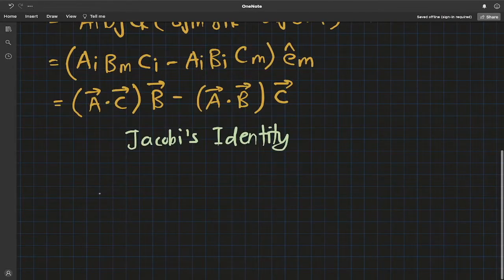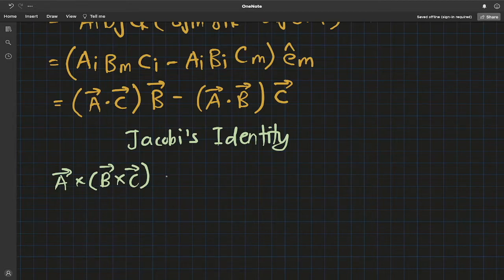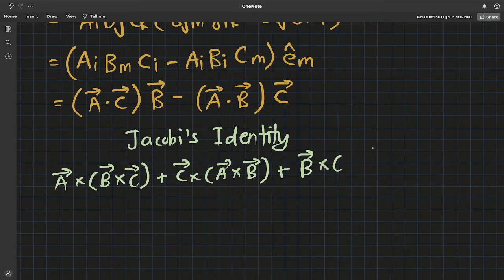So the setup for this is we have A crossed with B cross C plus C cross A cross B plus B cross C cross A. So for all the three vector triple products, just apply the formula that we derived over here on top.